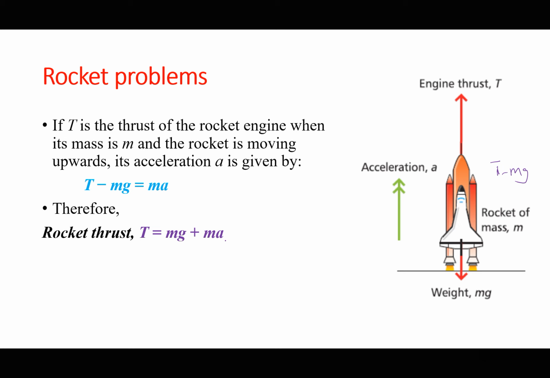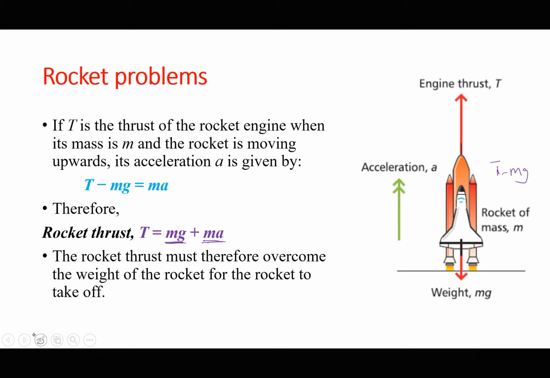So in order for it to move upwards, the engine force should overcome the weight and also give it an acceleration. It should be big enough to overcome the weight and also give it an acceleration. That is what we mean by this concept here. So the rocket thrust must overcome the weight of the rocket for the rocket to take off.